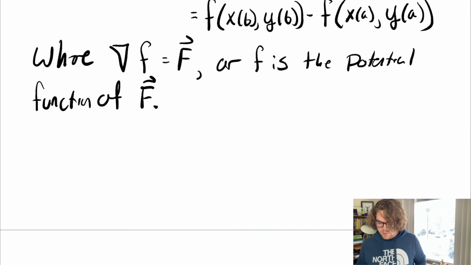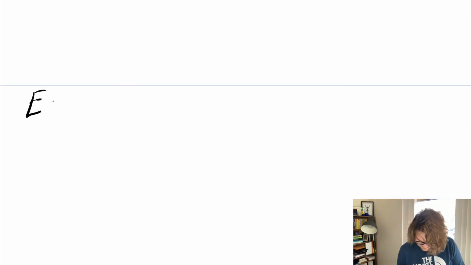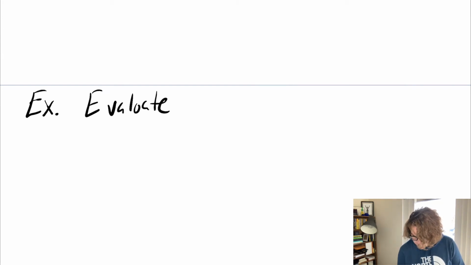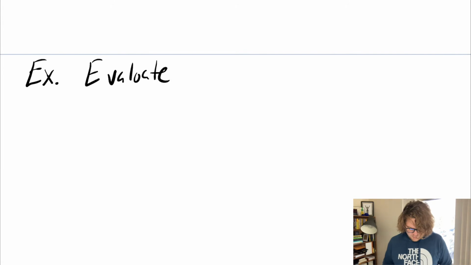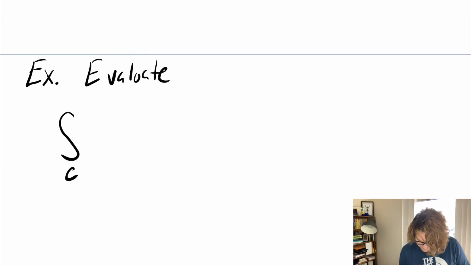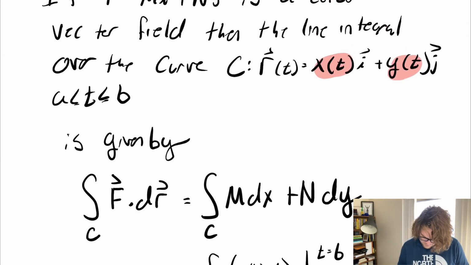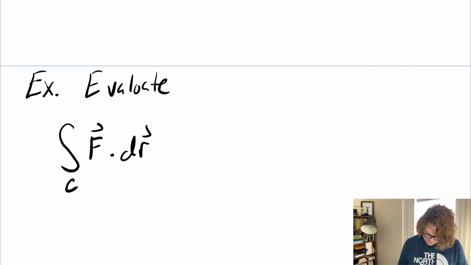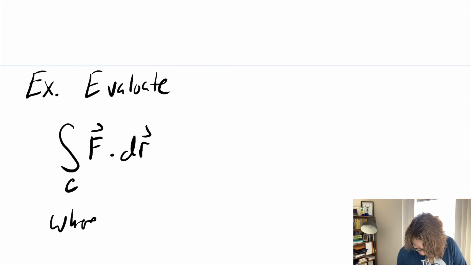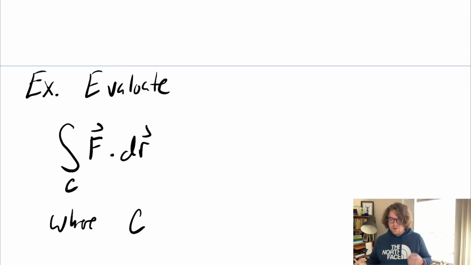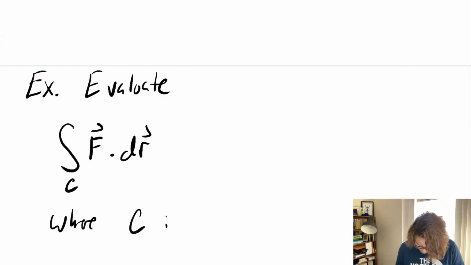All right, so let's go ahead and play with an example where we actually evaluate a line integral using the fundamental theorem of line integrals. So we'll go ahead and evaluate the line integral over a curve C of F dot dr, where C is a smooth curve from the point -1, 4 to the point 1, 2.